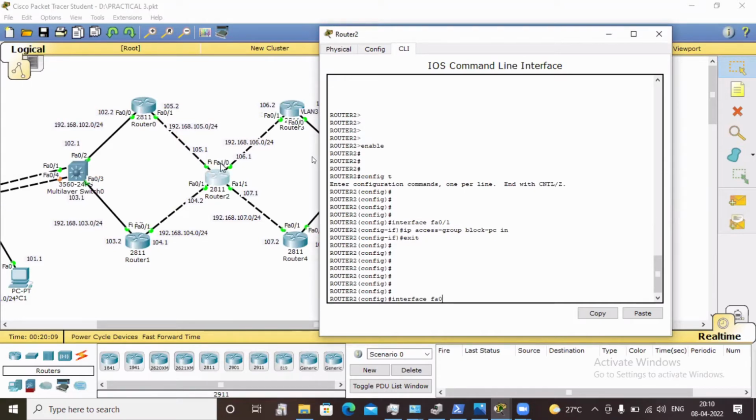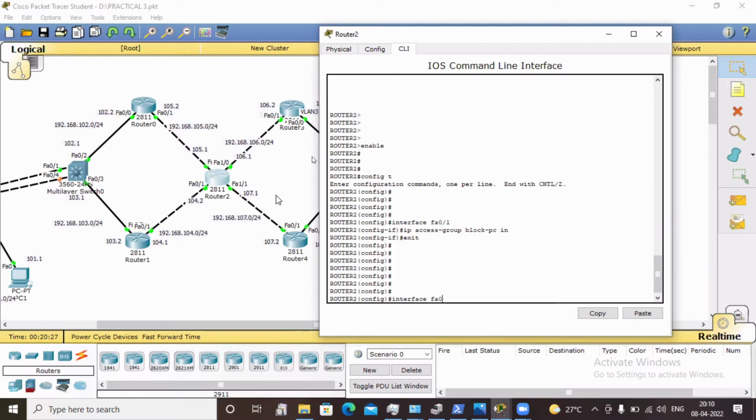It will be the output one, no? The ports are going from router 0 to router 2. We have configured router 2 FA0/1.